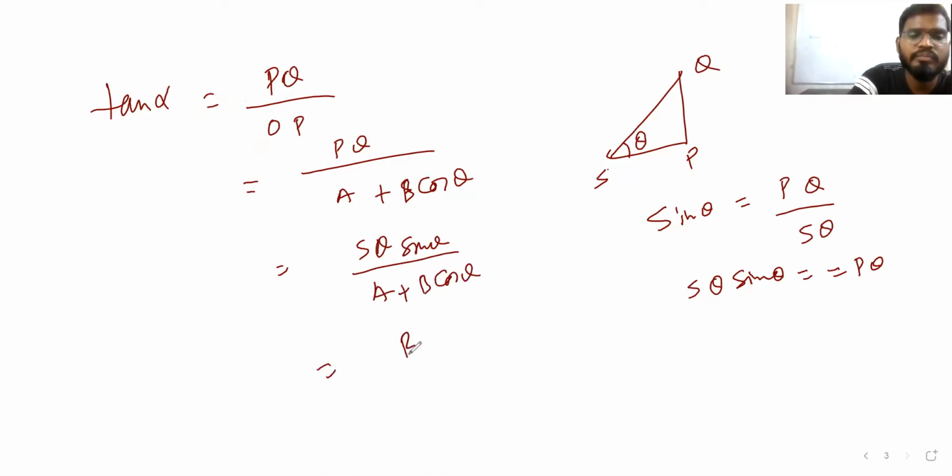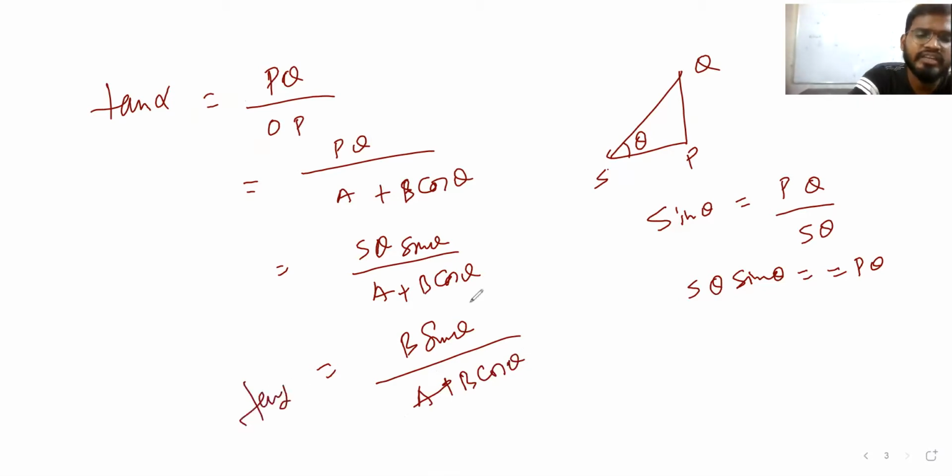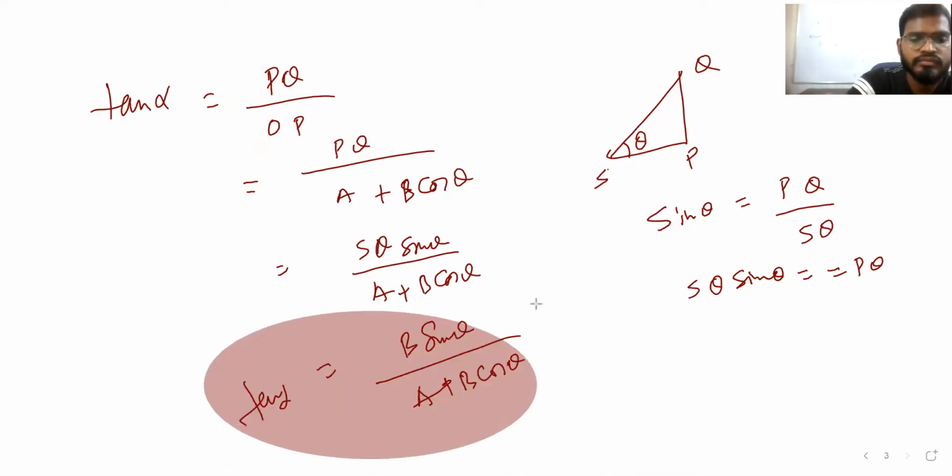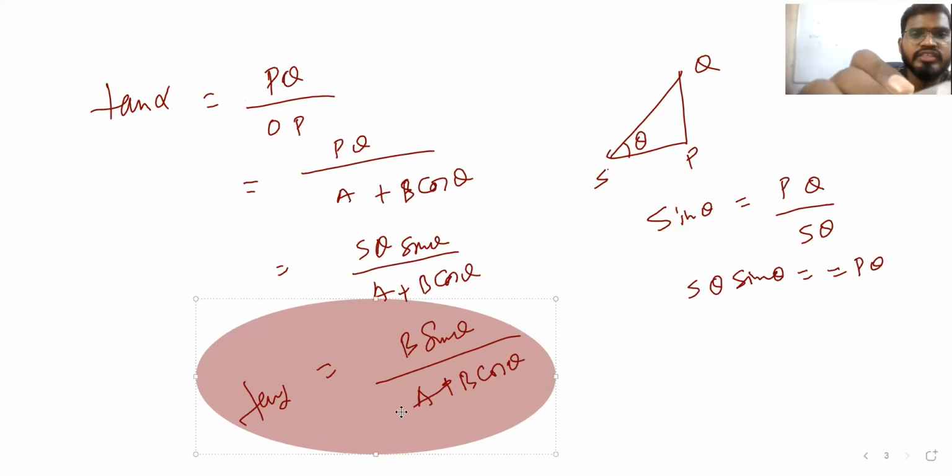So SQ is B sine theta by A plus B cos theta, that is equal to tan alpha. B sine theta by A plus B cos theta. That's it.